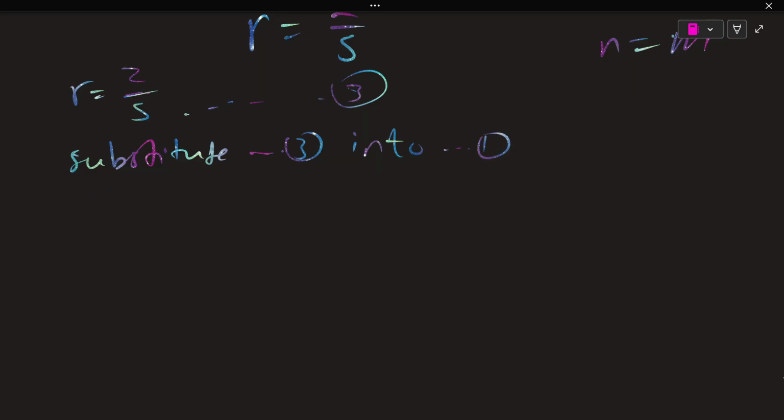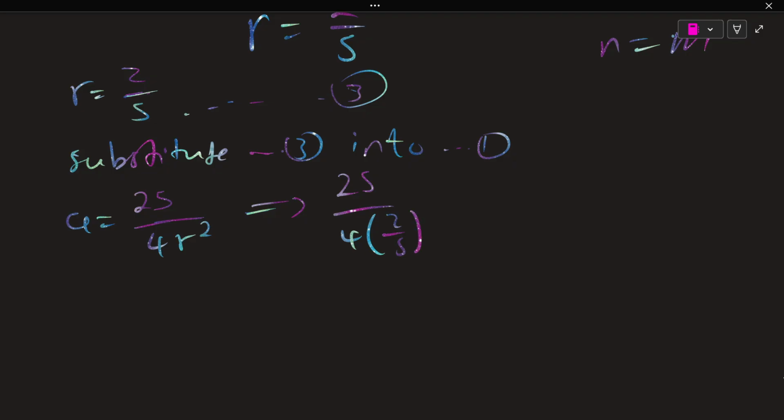Now we need to substitute equation 3 into equation 1. Remember, equation 1 says a equals 25 over 4 r squared.